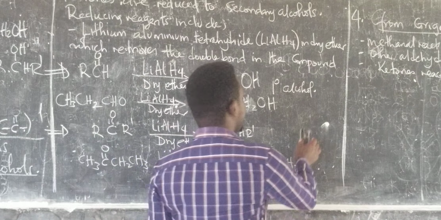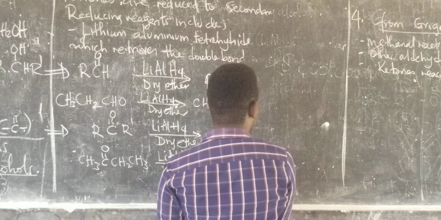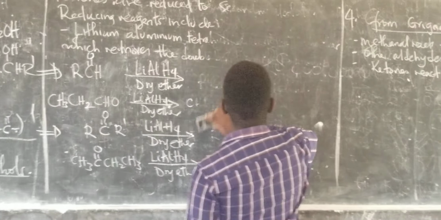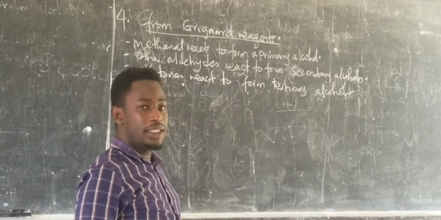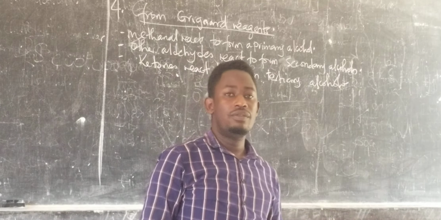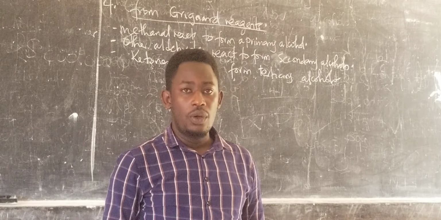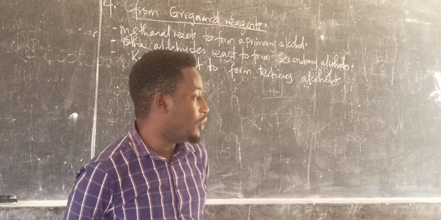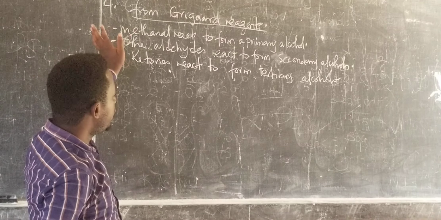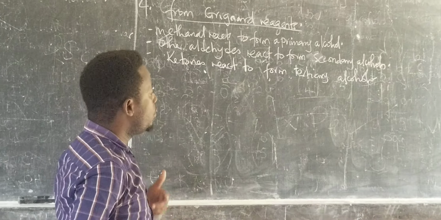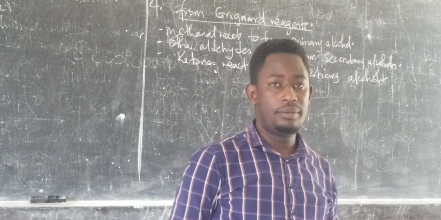The fourth way of producing alcohols, we had already looked at it. When we are looking at the reactivity of aldehydes with Grignard reagents, we are looking at the fourth, which is the reactivity of Grignard reagents still with carbonyl compounds.